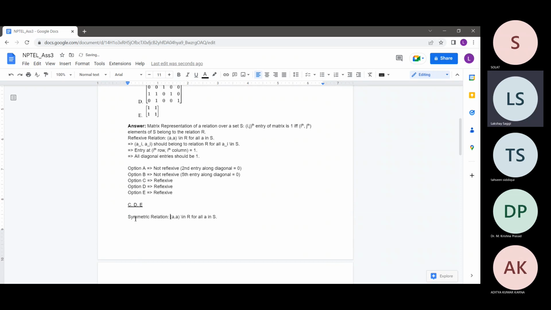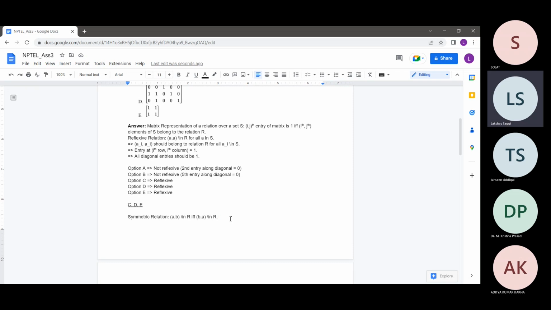Symmetric relation means that (a, b) in R if and only if (b, a) in R. So basically it means that for something to be a symmetric relation, (a, b) and (b, a) both should be related to each other.